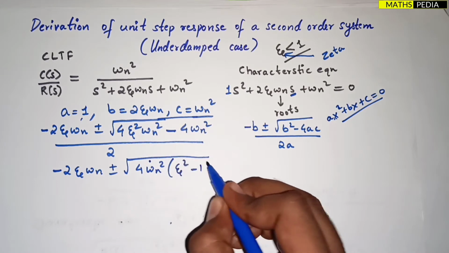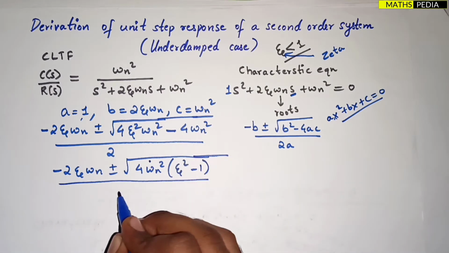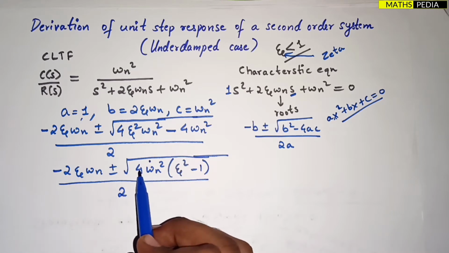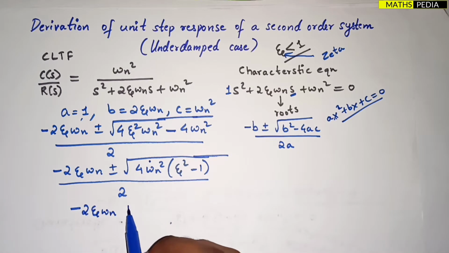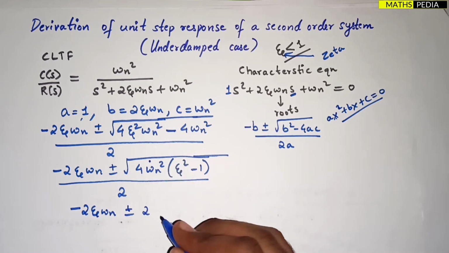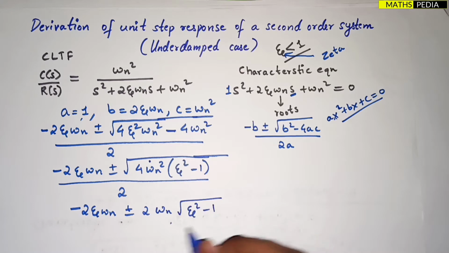Zeta square minus 1, the whole thing divided by 2. For this I can take things outside. The square root of 4 is what? 2, right? So I can take it outside. It will be minus 2 zeta omega n plus or minus 2 outside, and the square root of omega n square will be omega n, outside, times the square root of zeta square minus 1, divided by 2.